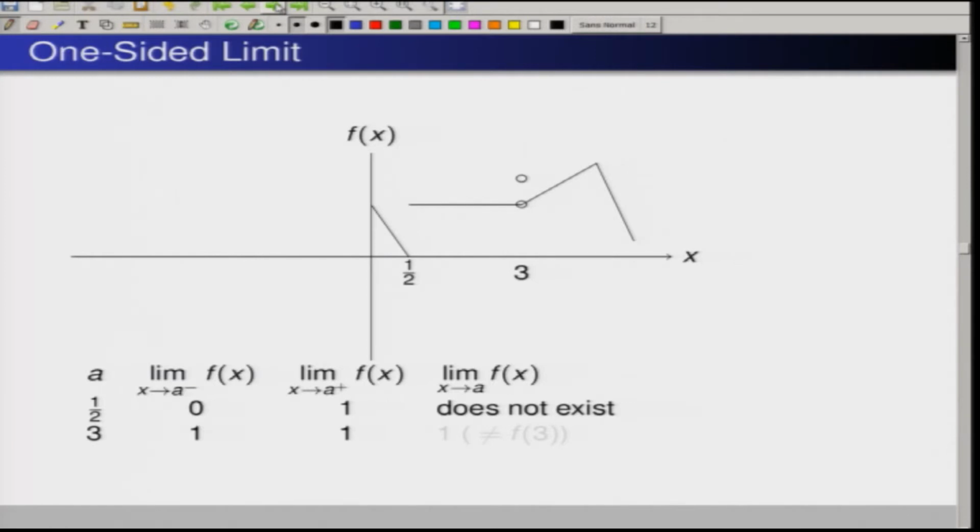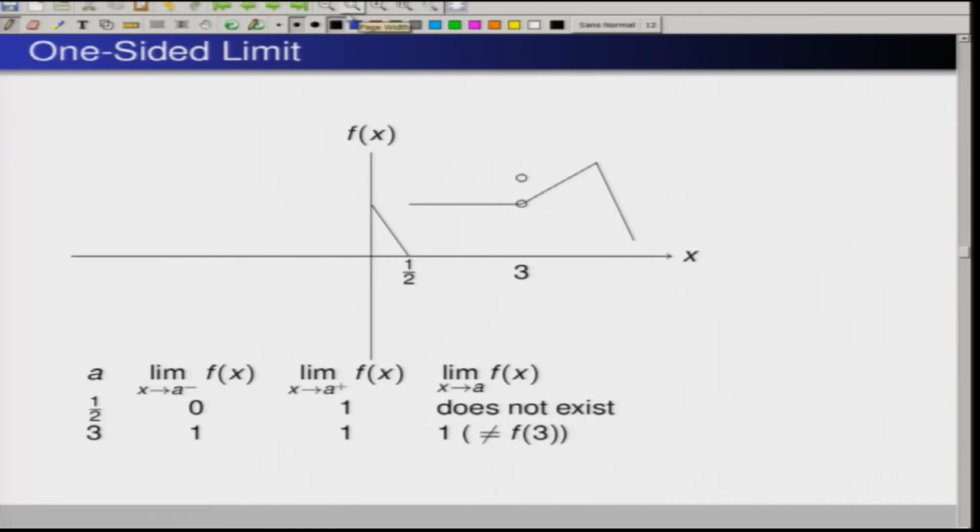Therefore, in this case, the limit of f of x as x goes to 3 exists and is equal to 1, because the left hand limit and right hand limit are equal to 1. However, we find that this is not equal to f of 3, since f of 3 is 2, that is what we had defined.